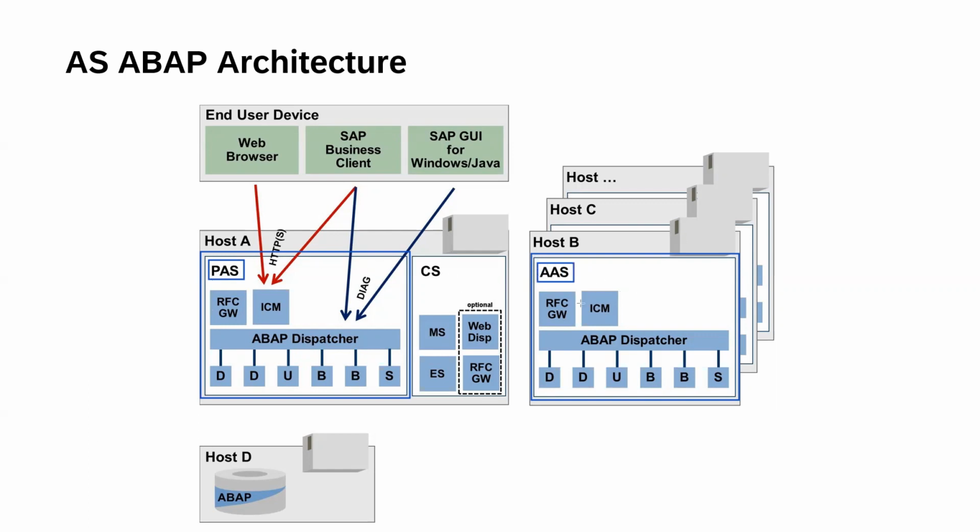What difference do you see in both these boxes? My question is that this box over here, the primary application server, and this box, what is the difference between these two?